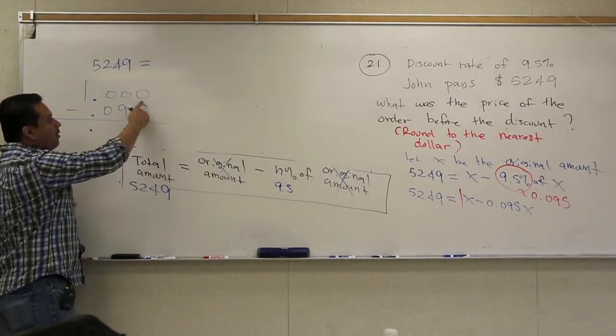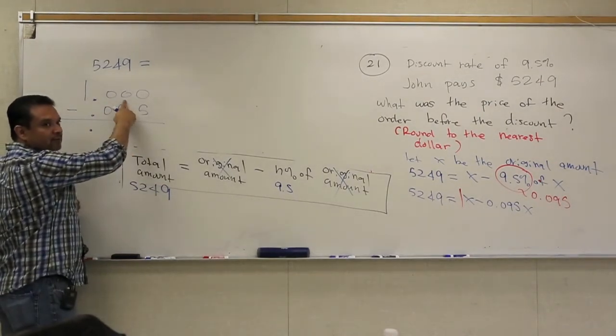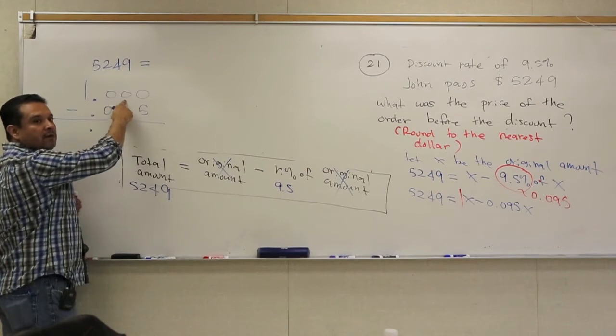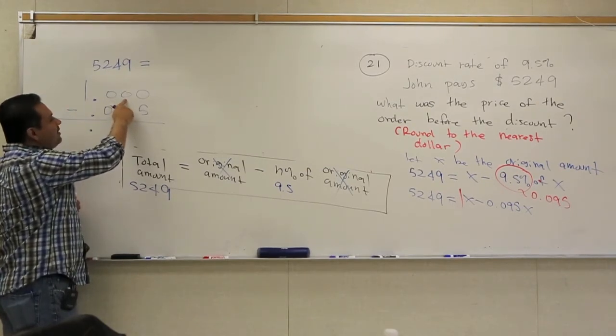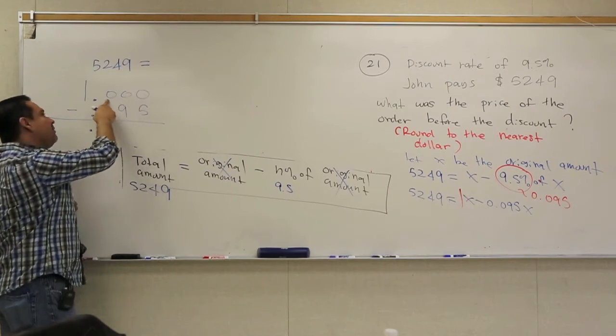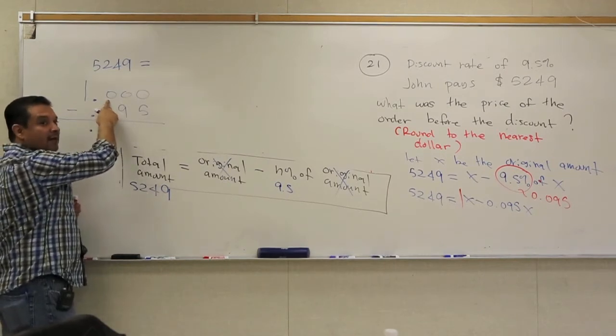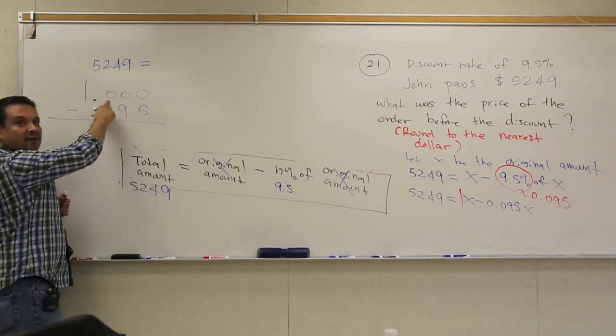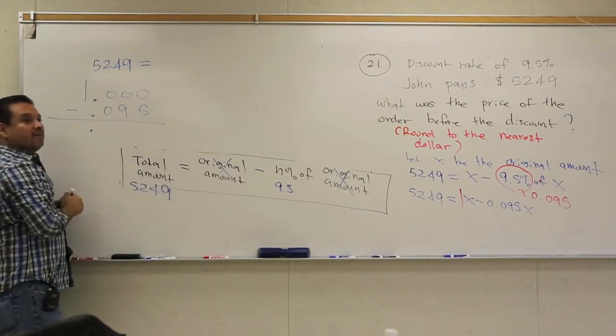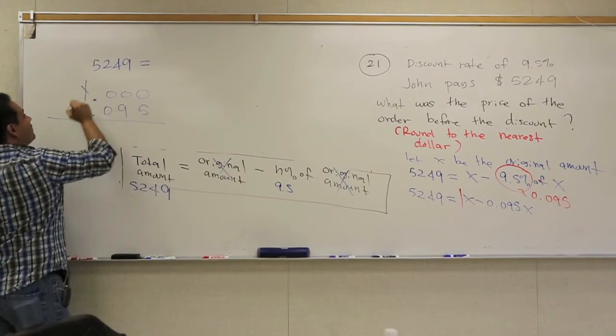You can't do it. You got to borrow from the neighbor. What's the problem? The neighbor's broke. So this neighbor has to borrow from this neighbor. That neighbor's broke too. So they finally find a neighbor that has some money. So they're going to borrow that.